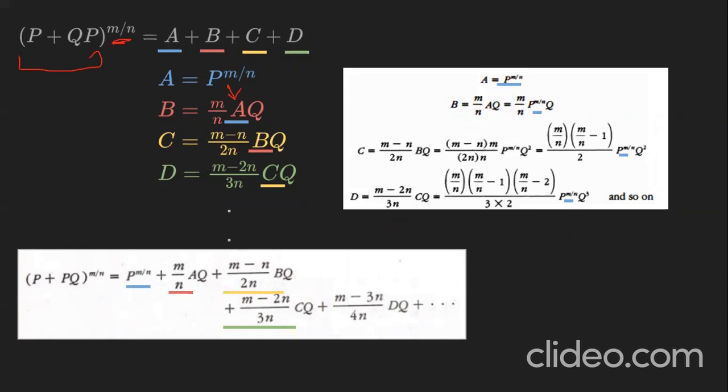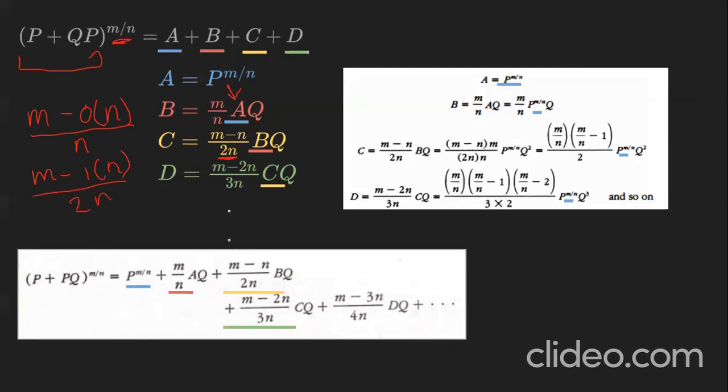The thing that's changing in the sequence is, for example, to get from A to B, he did M minus 0 times N over N. Then to get down to C, the coefficient was M minus 1 times N over 2N.